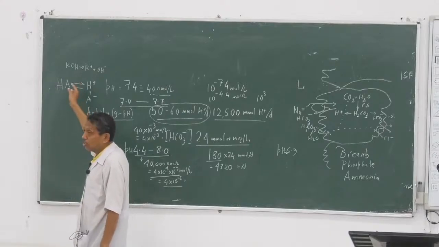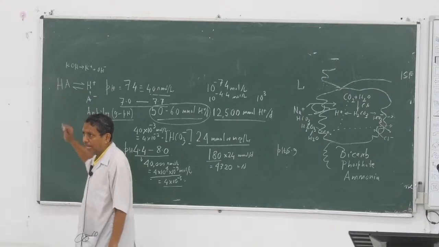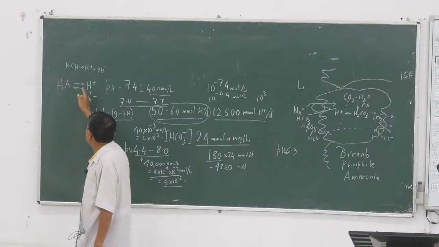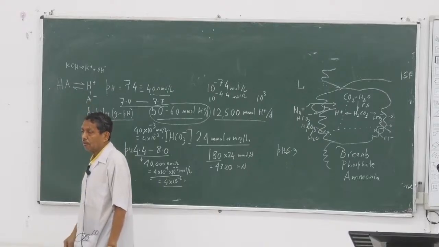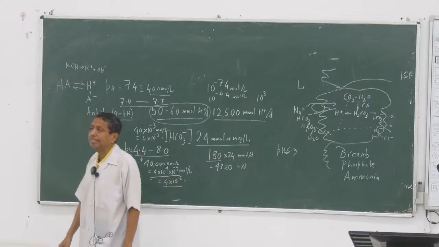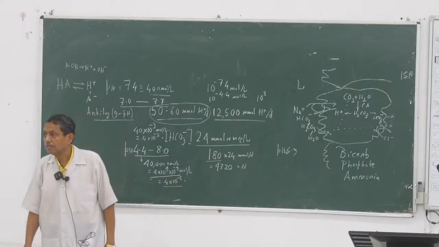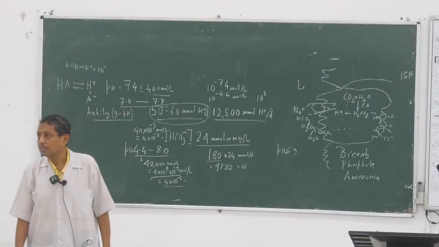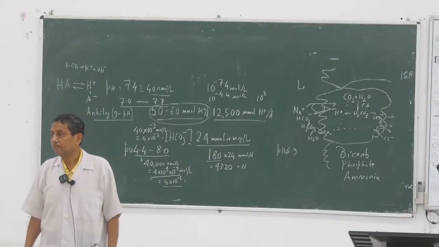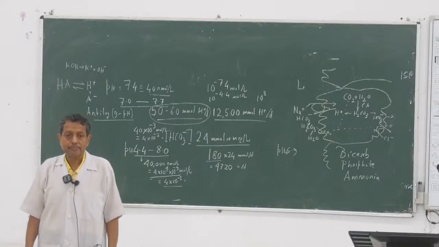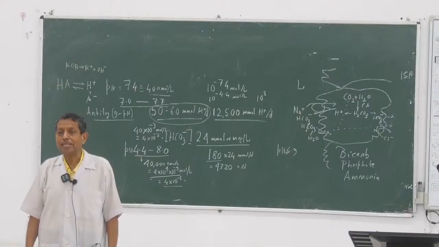Or if a small amount of strong acid is added, then it will react with this, and the reaction will be on this side. So the increase in hydrogen concentration is not as much as expected, and it is the buffering property, so that the pH is maintained constant.